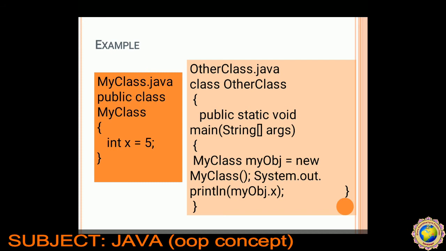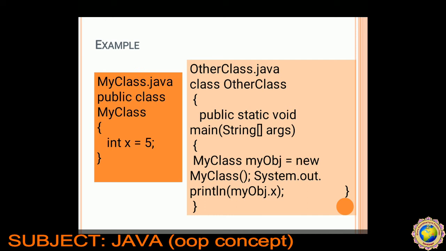Let's take an example. MyClass.java contains public class MyClass, then int x equal to 5. This is the one class, and as we know, the class is MyClass and your file should be MyClass.java. OtherClass.java: class OtherClass, public static void main(String[] args), MyClass myObj.